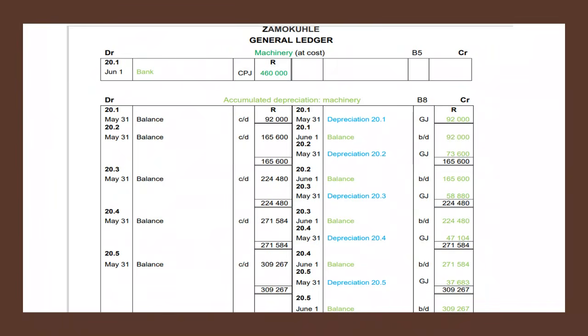It's just that here we are showing you that we are using a diminishing balance method, and that's why the depreciation keeps on changing. And I've shown you how to determine this balance carried down and writing it as a balance brought down on the credit side at the beginning of the next financial period. So it's still the same thing. There's nothing that changed here. It's just that you need to sit down and practice it so that you know how it actually works.